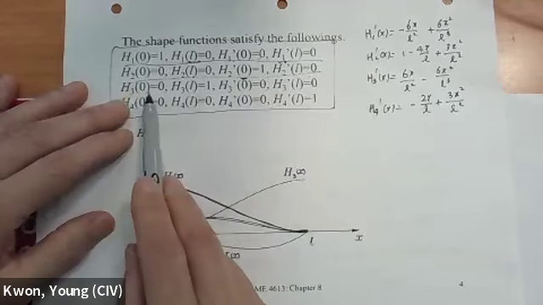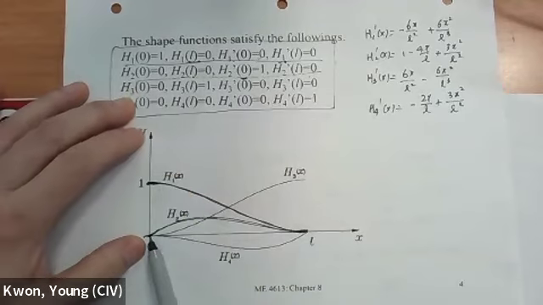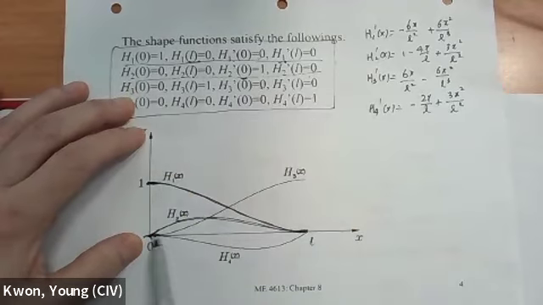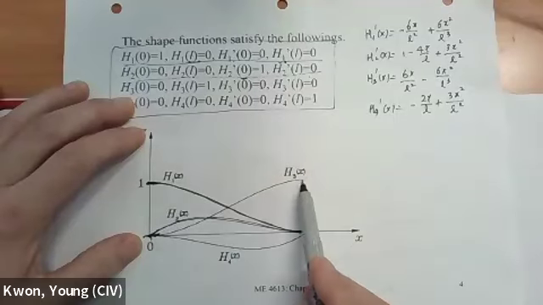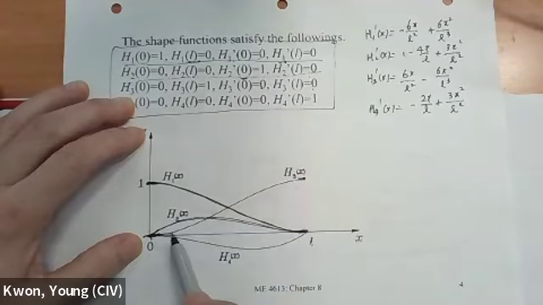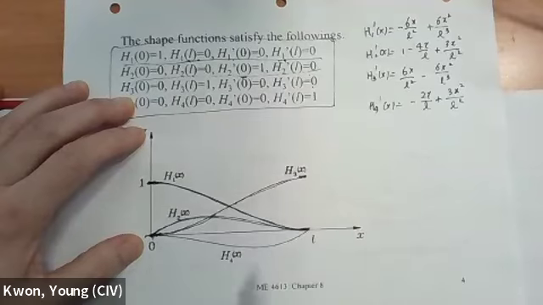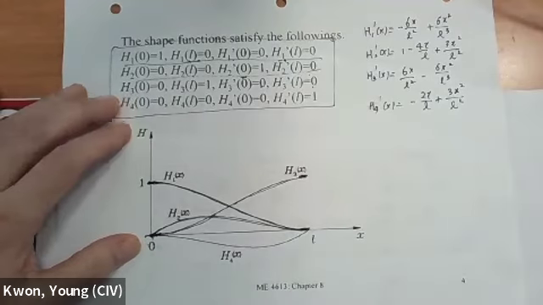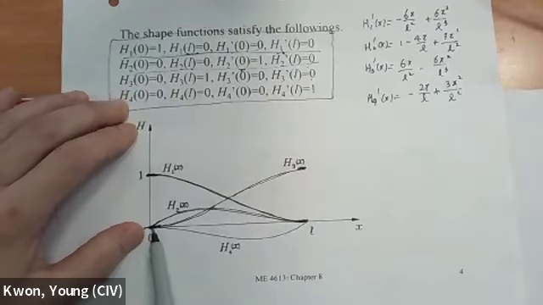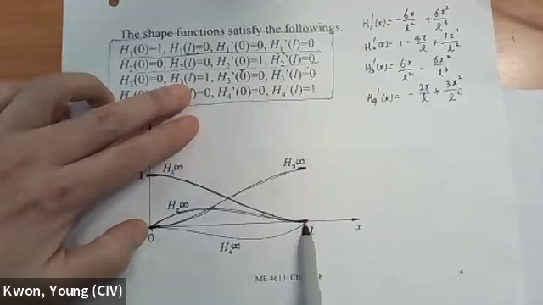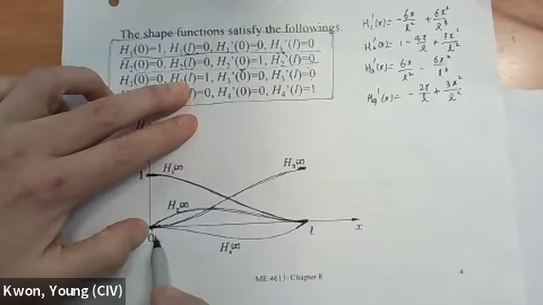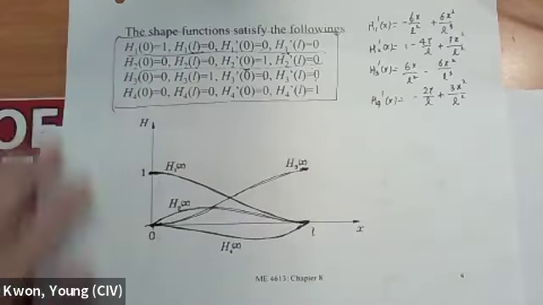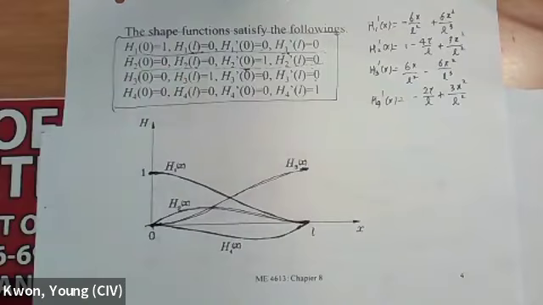And for H3, at x equals 0 the value is 0 and the slope is also 0. But at x equals L, the value is going to be 1 and the slope is 0. So you got a graph that looks like this. And finally H4, the value is 0 at both ends, but the slope is going to be 1 here and 0 there. So you got a function like this one. That's the nature of this C1 type of shape function.